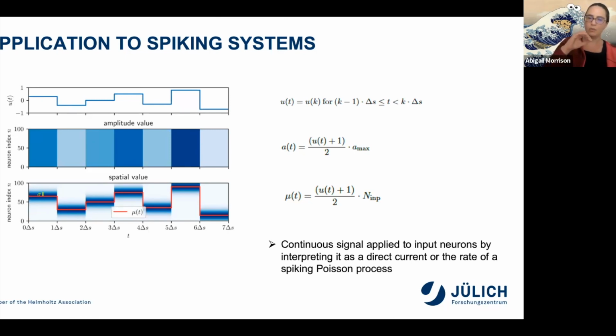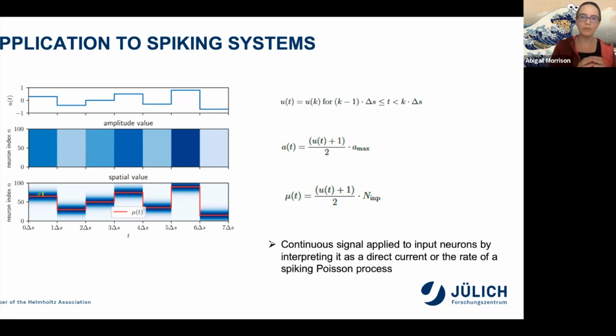So we conceptually spread our input neurons over the entire possible input space, and then we center the input on that particular neuron with a Gaussian spread. And this is shown in this bottom panel here. These are two possible methods that we have for providing input to the systems.